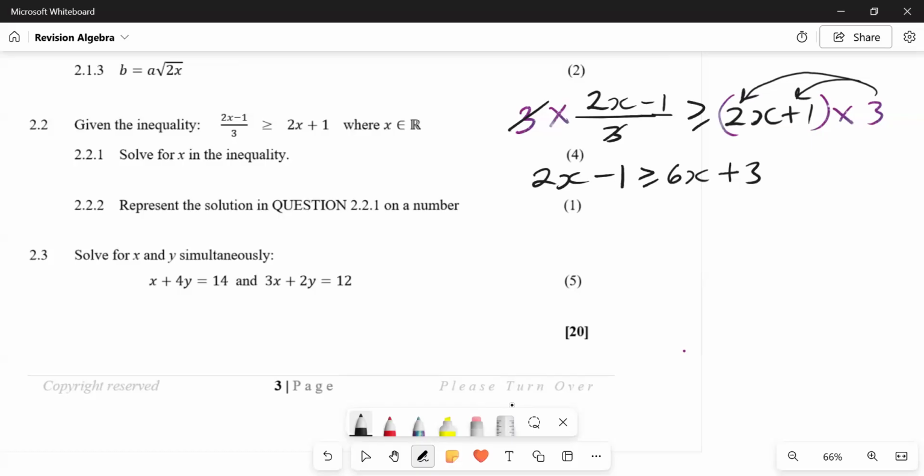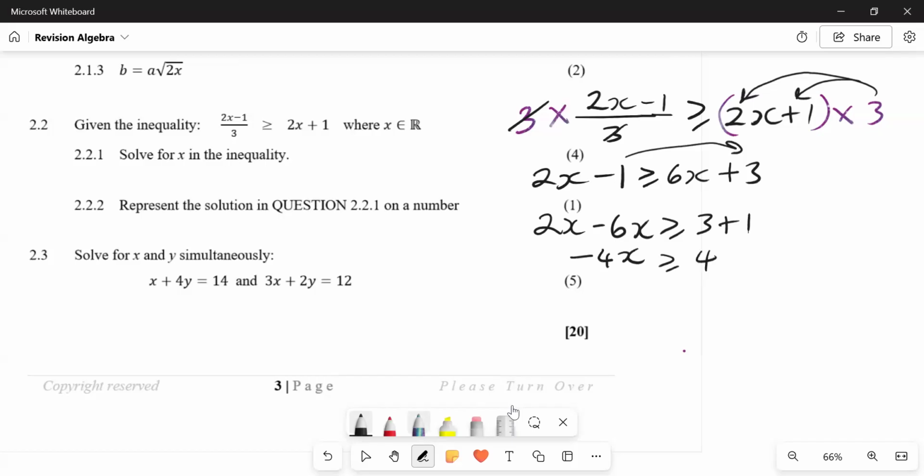we can now put everything in standard form. So let's transpose 6x. So you'll have your 2x minus 6x, collecting the like terms, né? Then greater or equals to 3 plus 1, transpose, right? Now this is minus 4x greater or equals to 4.